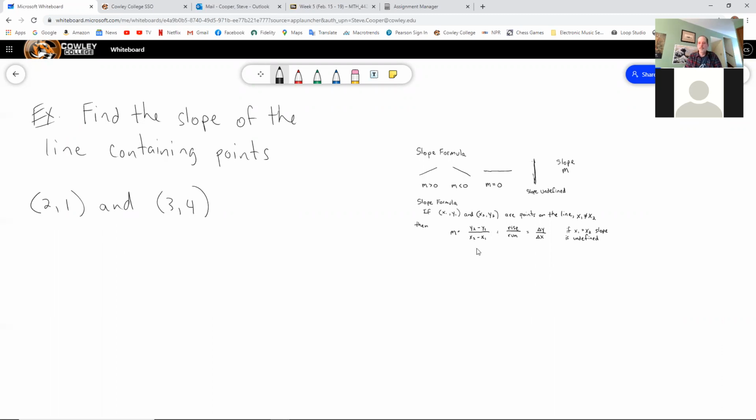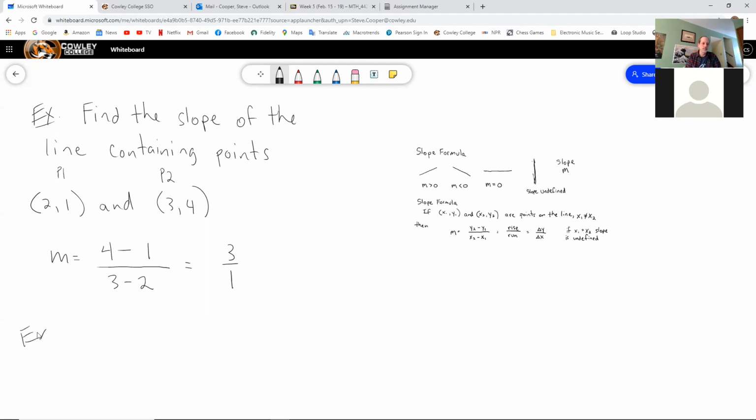Okay, so we're just going to tap into this calculation right here. So then m is equal to, well, here's my point 2. So this is point 1, point 2. So there's my y2. So I'm going to take 4 minus y1, divide that by 3 minus 2. Okay, so that's 3 over 1. So that says that for every 3 we rise, we move over 1. So my slope is 3.